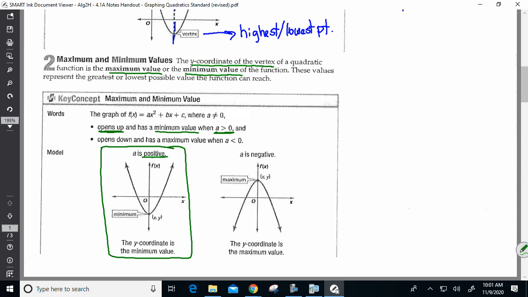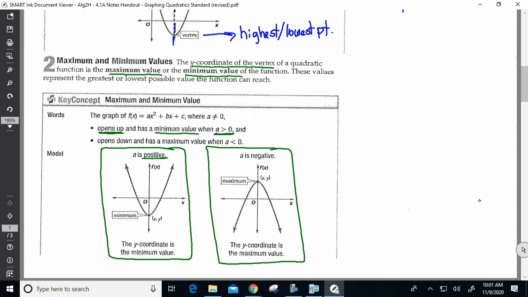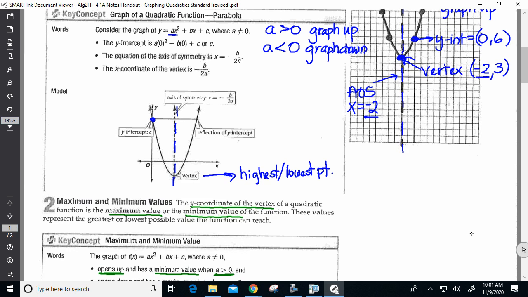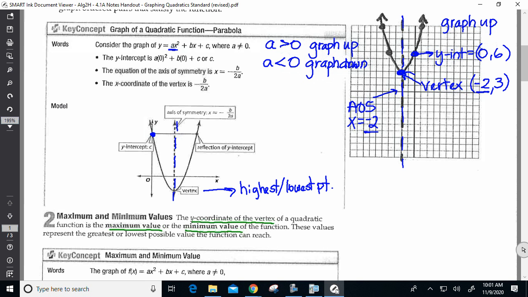If a is negative, then it'll open down, and the vertex will be the maximum. If you're looking at the graph that was provided as an example, the graph opens up.